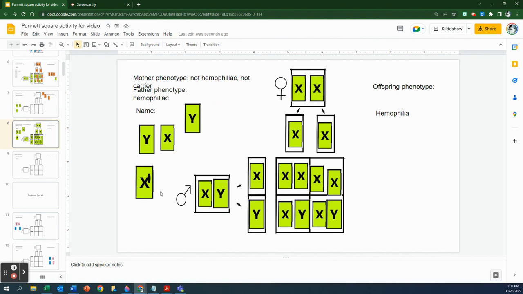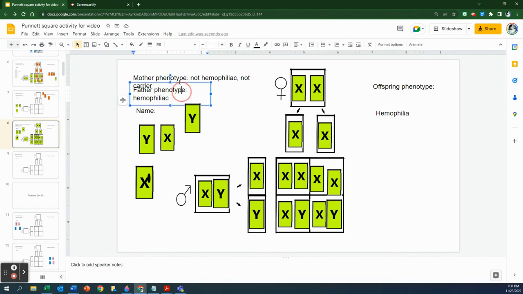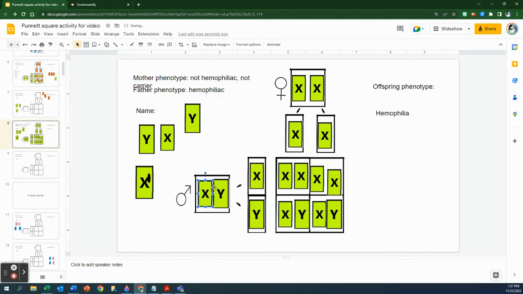So the mother is not a hemophiliac and not a carrier, so she's got two perfectly fine, pristine X chromosomes. The father is a hemophiliac, we said. So the father has a broken X chromosome. So his X chromosome, this one right here, that was perfectly fine, we're going to have to take that away, right?